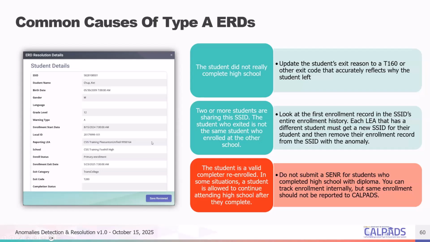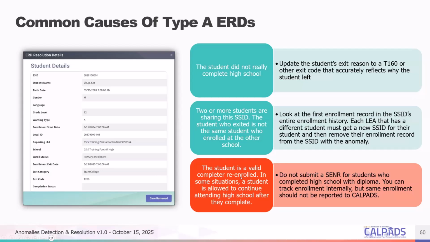Okay, so you have a student that really did not complete high school last year. So maybe the student needs to be exited with an E156, right? Instead of a completion exit. Okay. And then if you have two or more students sharing this SSID, then of course you have to acquire your own SSID and start your own enrollment.